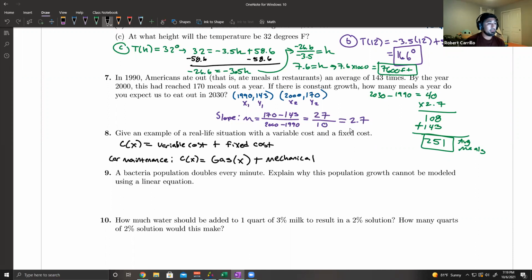Number 9, a bacteria population doubles every minute. Explain why this population growth cannot be modeled by using a linear equation. So think about it. If bacteria doubles every minute, that changes from linear to what?